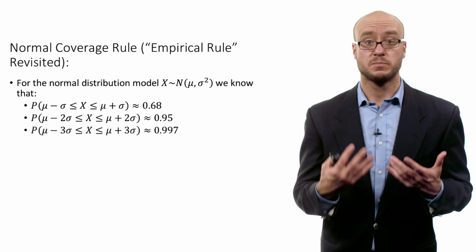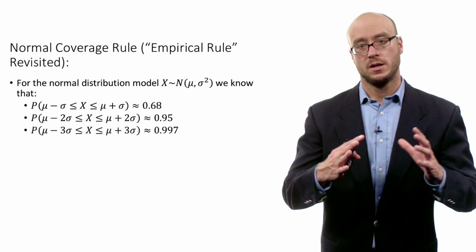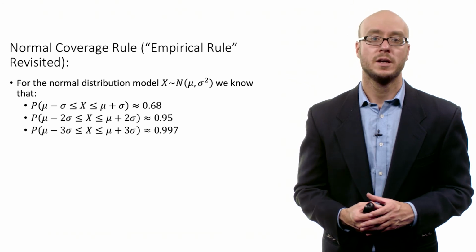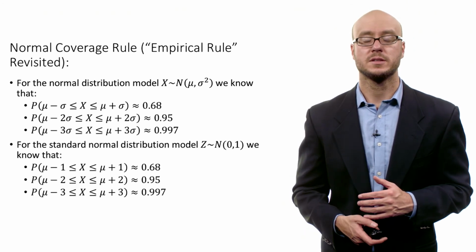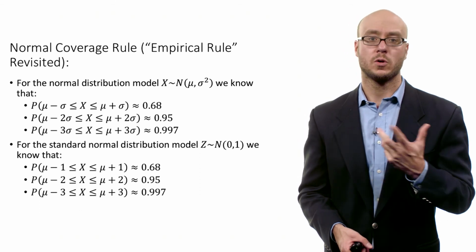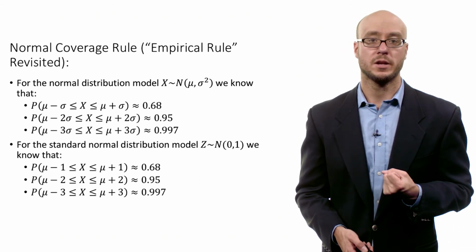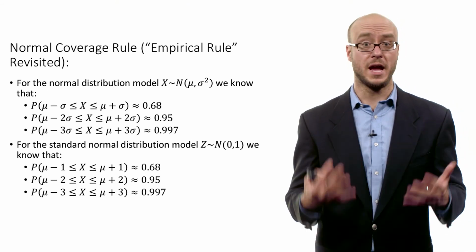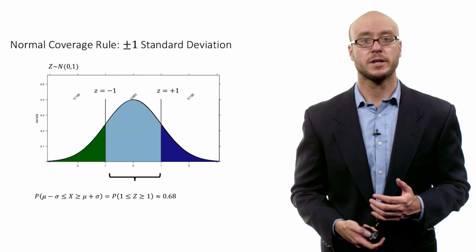Equivalently, we can treat these as probabilities. Okay? The point is that most of the values are centered around the mean within a certain standard deviation. And we can express this in terms of the z-scores or in terms of the normal distribution model. So the normal coverage rule applies because the normal distribution model is in fact mound-shaped and symmetric.